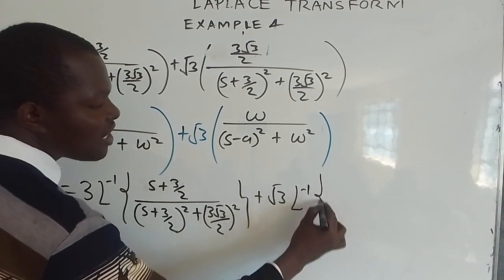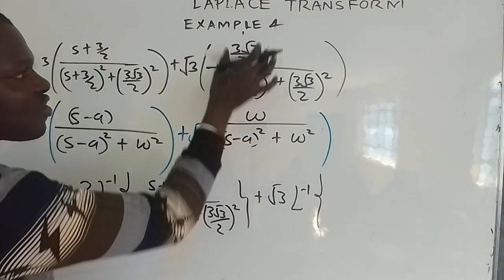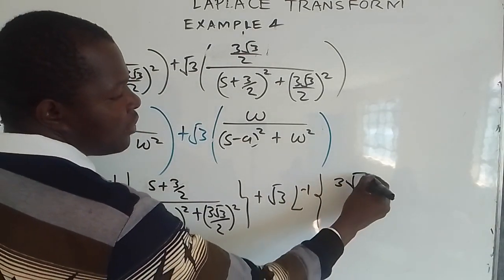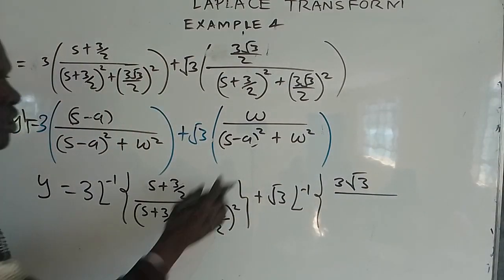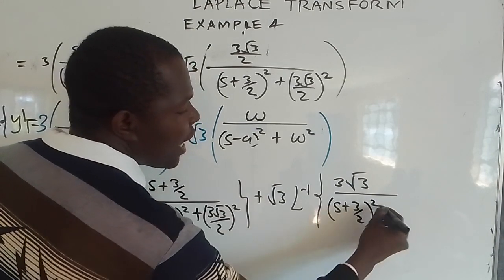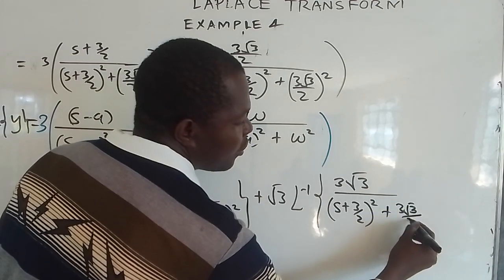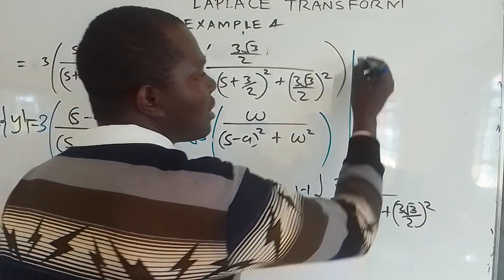Then Laplace inverse of W over this, which is 3 root 3 over S plus 3 over 2 squared plus 3 root 3 over 2 squared, isn't it? Then all those other things we've done in your rough work, isn't it?